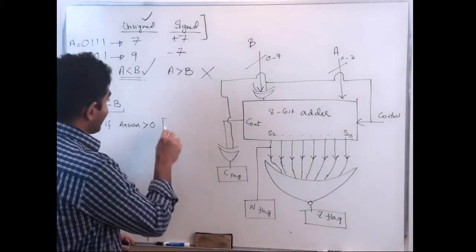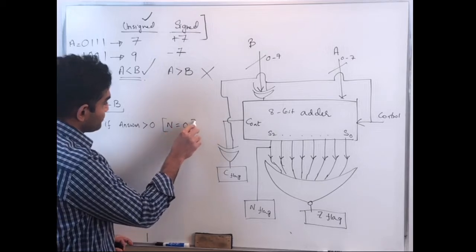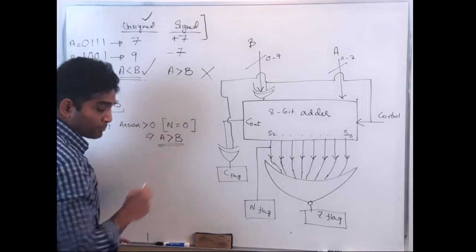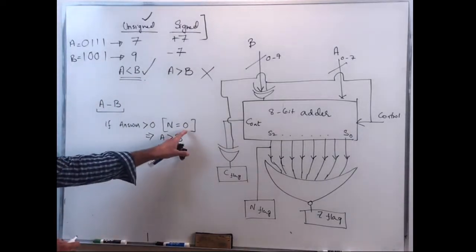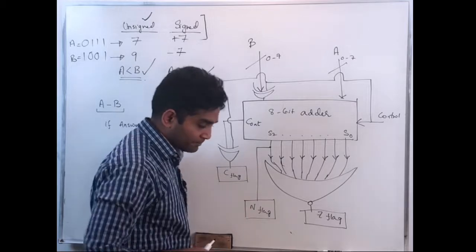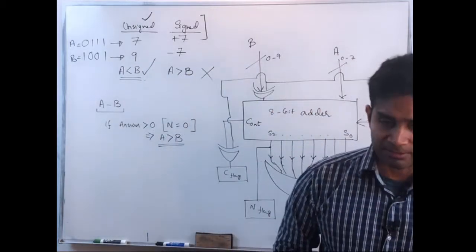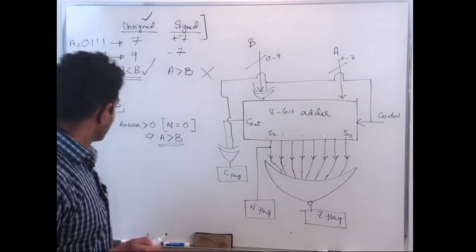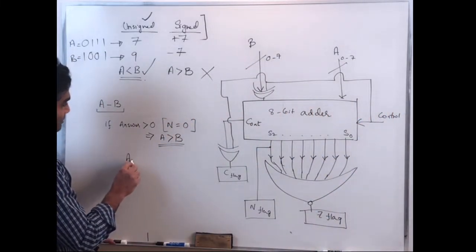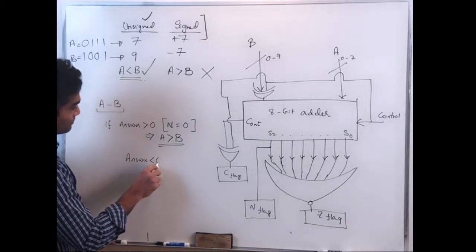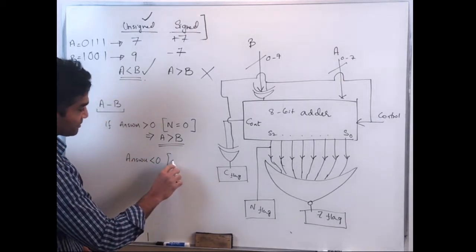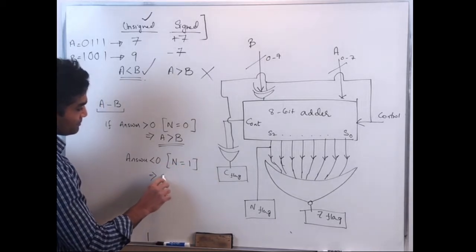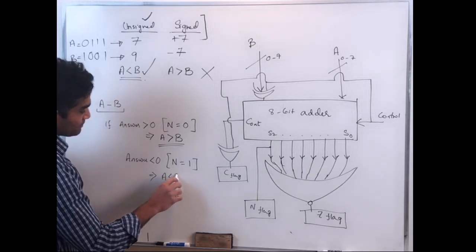That implies A is larger than B. Very simple logic, because the most significant bit represents the sign of the resulting answer, which can tell me the relative magnitude between those two numbers. Likewise, if my answer is less than 0, which is indicated by my N being a 1, that implies A is less than B.